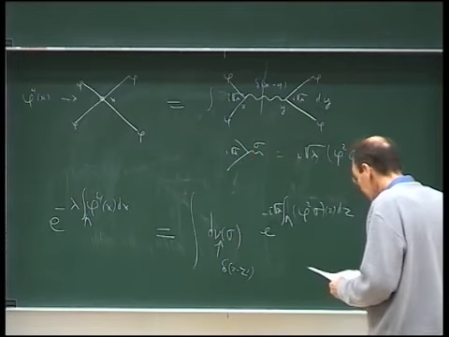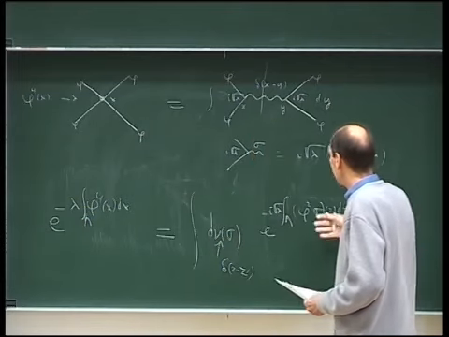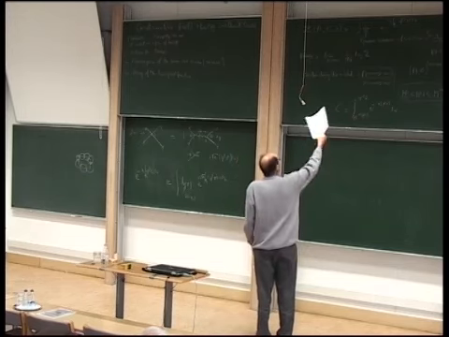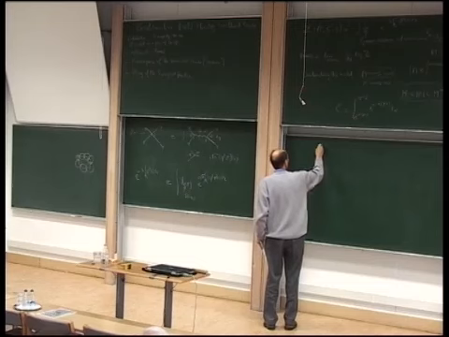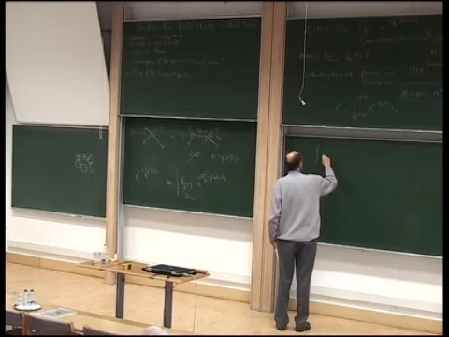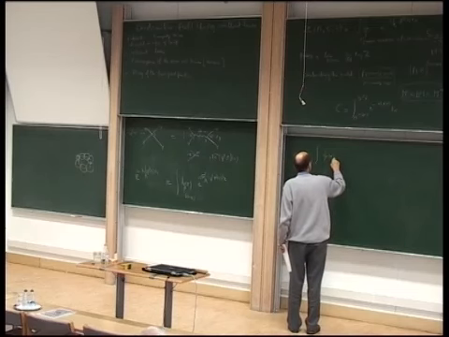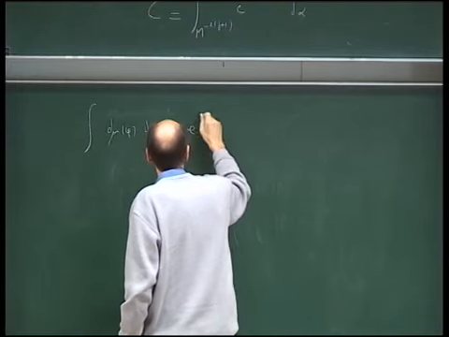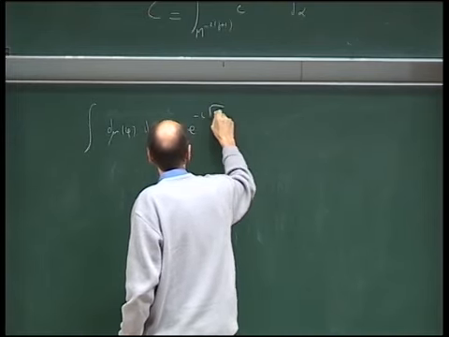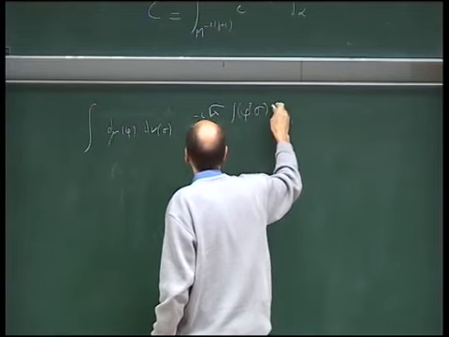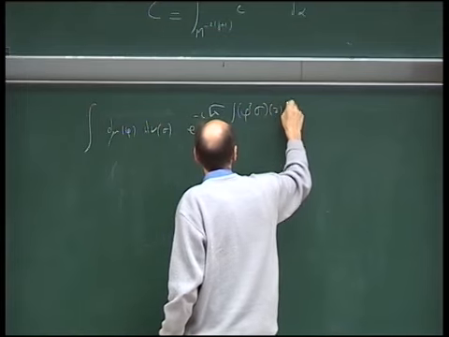Once you have done that, you can go back over there, and you say that the thing you are looking at is d nu of phi, d nu of sigma, and then e to the minus i square root of lambda phi square sigma of z dz.